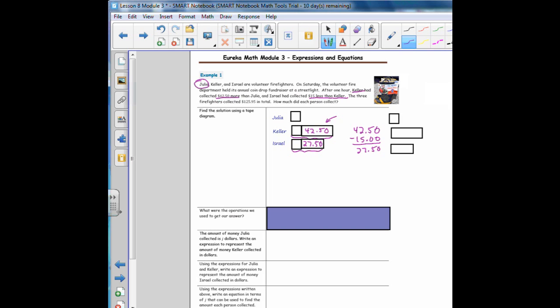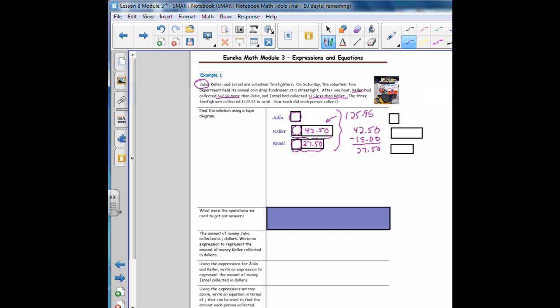So Israel collected this amount. Julia collected this amount, which is completely unknown. Keller collected $42.50 more than that, and then Israel collected $15 less than Keller. And we know that the total of all of these is $125.95.